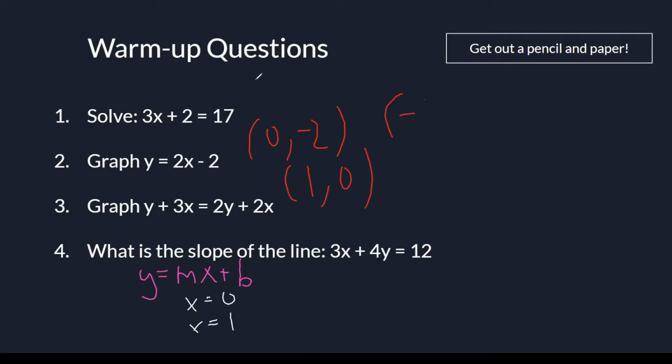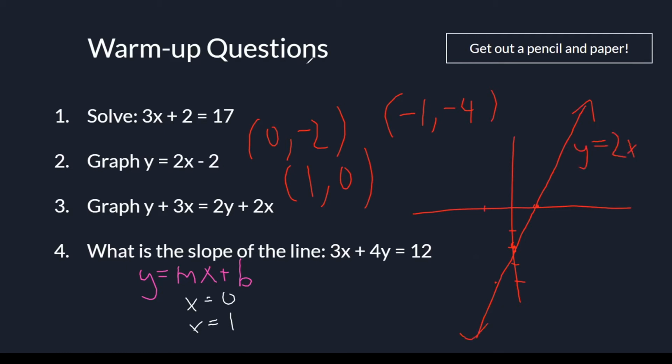So that's negative 1, negative 4. And when you connect those points, you have 0, negative 2, 1, 0, negative 1, negative 4. And so the line looks something like this. Okay, so this is our equation, y equals 2x minus 2.